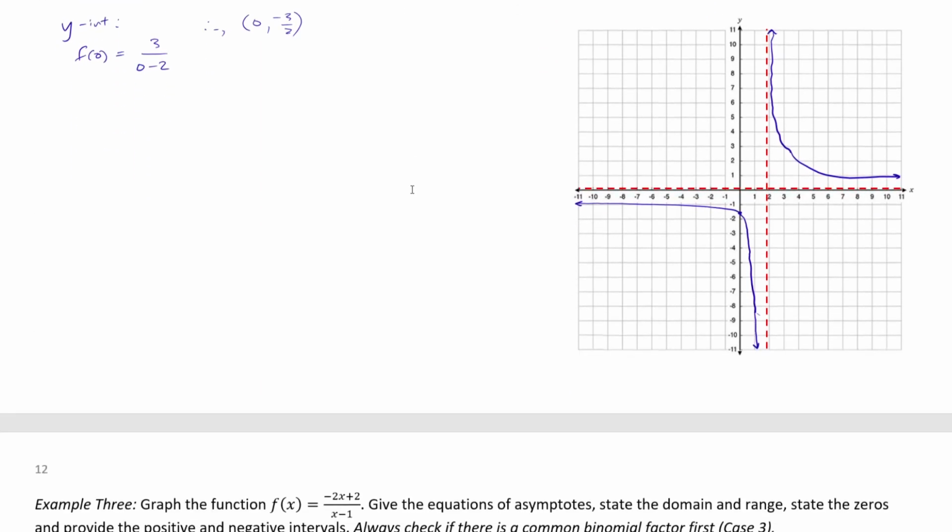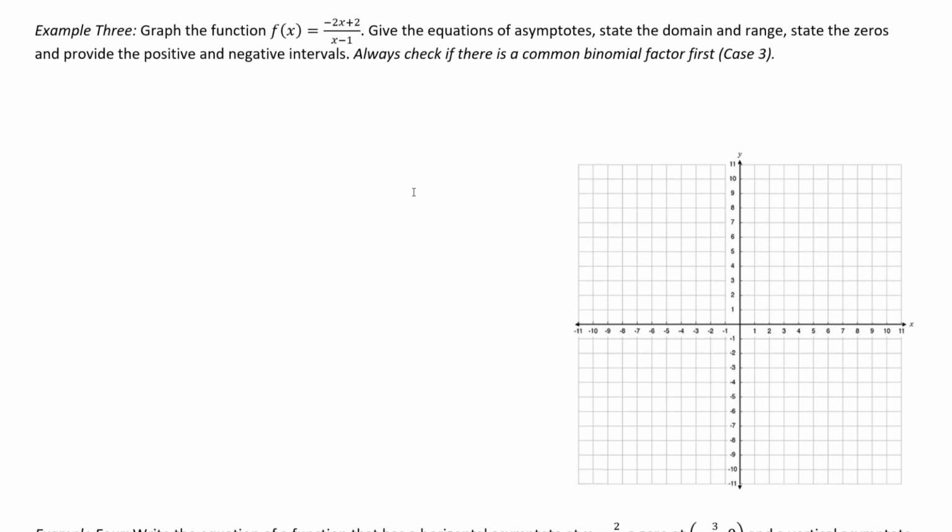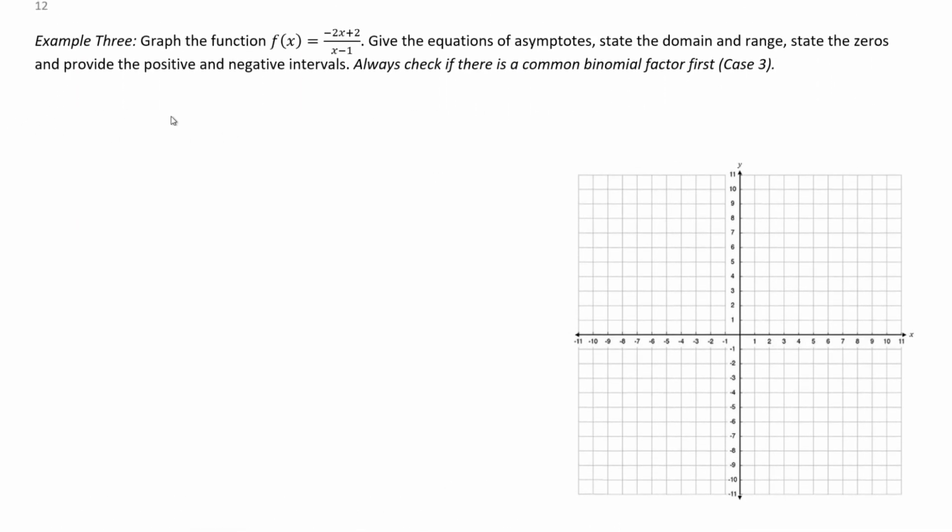Okay, the last example about graphing is fairly straightforward, and that's because it is an example of the third case, and I'll show you why. So f of x is equal to negative 2x plus 2 over x minus 1. I see immediately that x cannot equal 1.